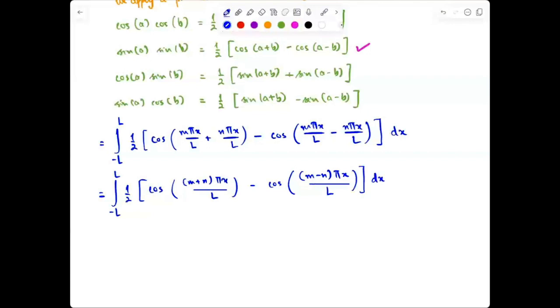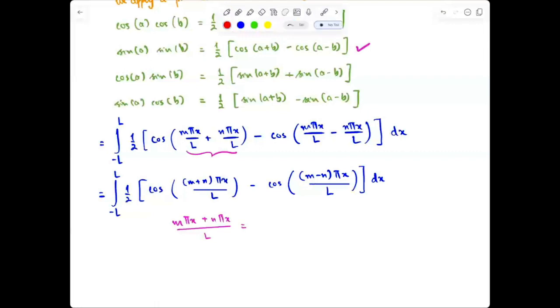So how could I get that? Again, if you combine these two fractions, you have m pi x plus n pi x over L, since L is the common denominator.